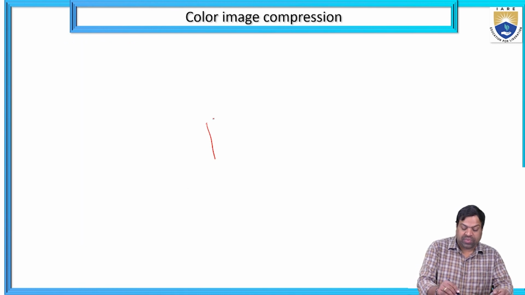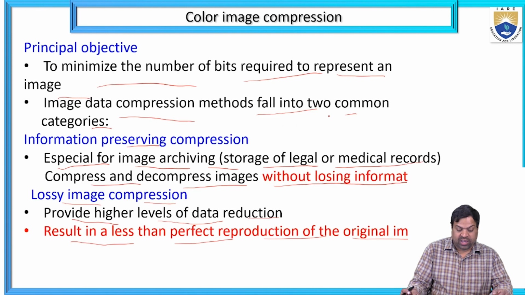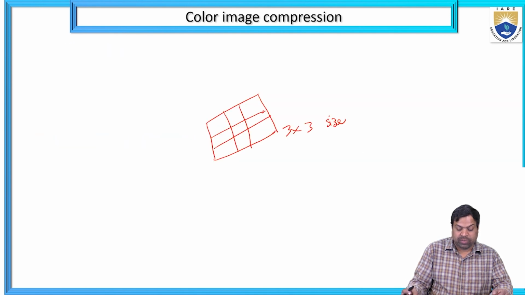Suppose I am taking one image. This image I am taking as a 3x3 matrix. If I want to minimize the number of bits in the image, suppose I am taking 16 bits.